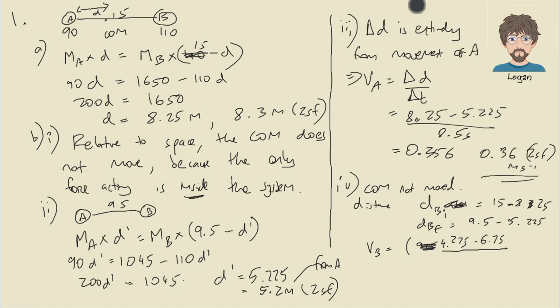The time is 8.5 seconds. And we get 0.291, or 0.29 meters per second to two significant figures.